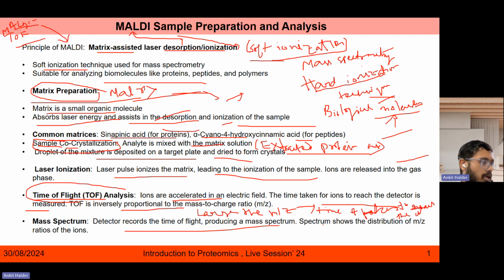The detector records the time of flight, producing your mass spectrum and showing the distribution of m/z ratios of the ions.